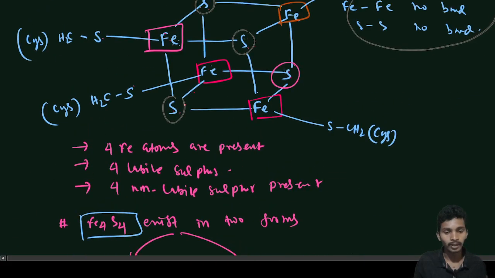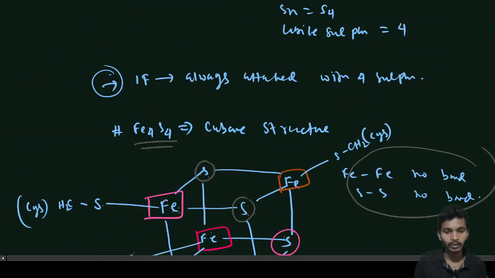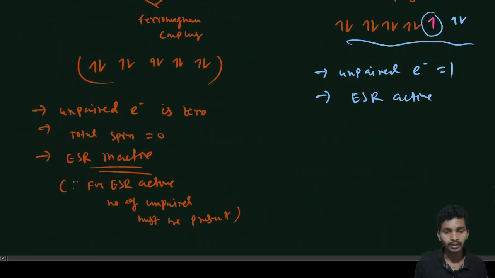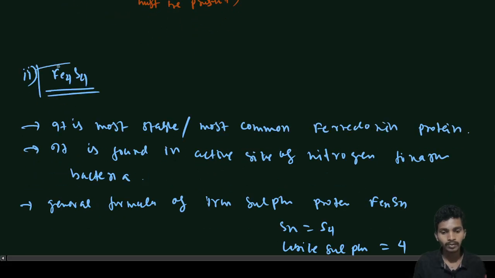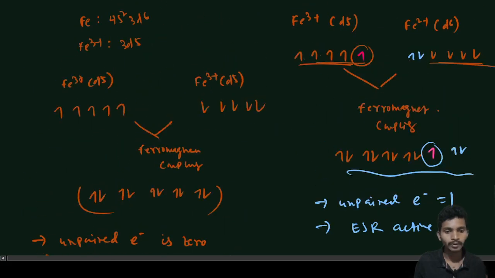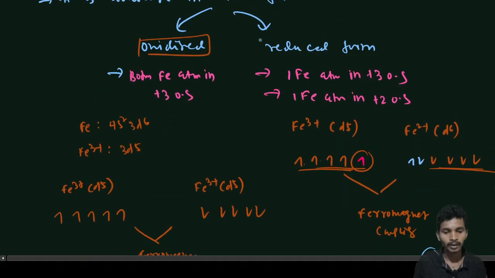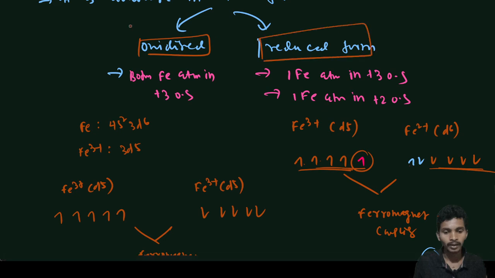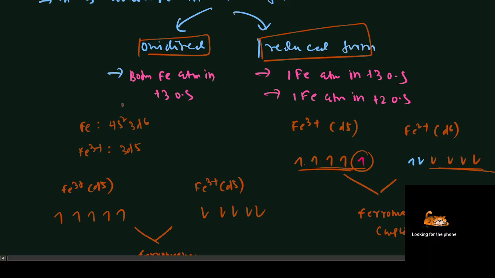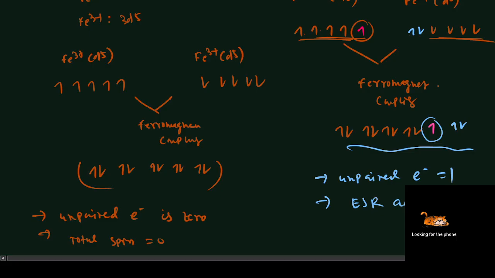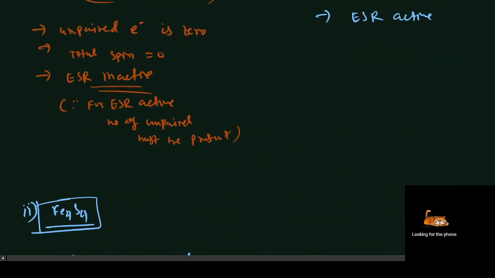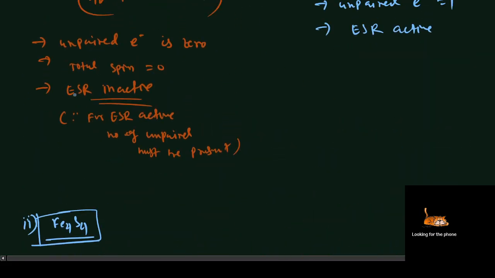And for Fe2S2, the oxidized form is ESR inactive and the reduced is ESR active.